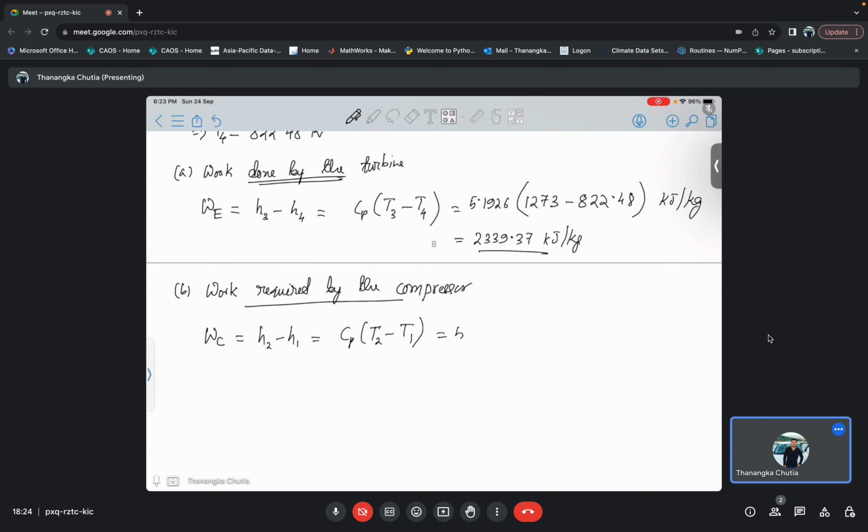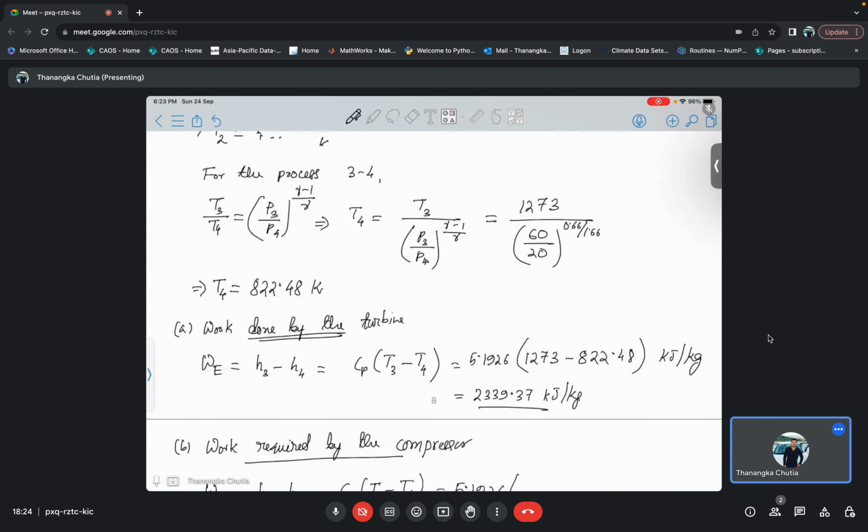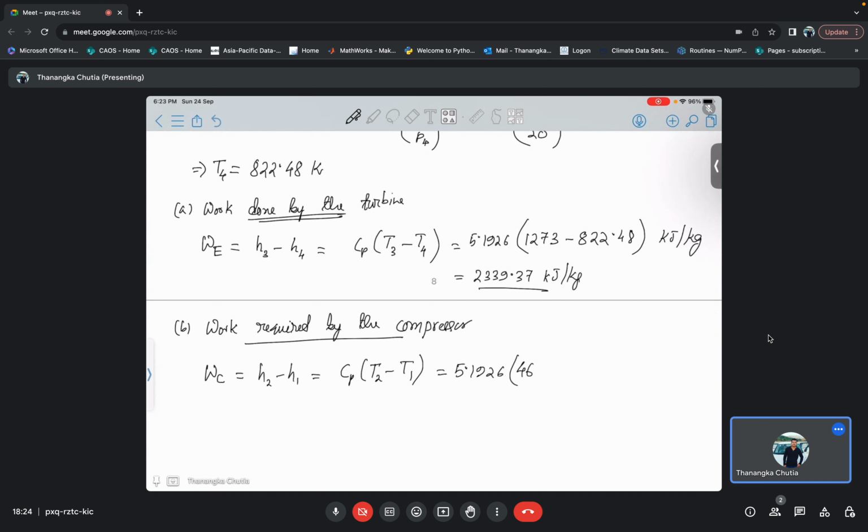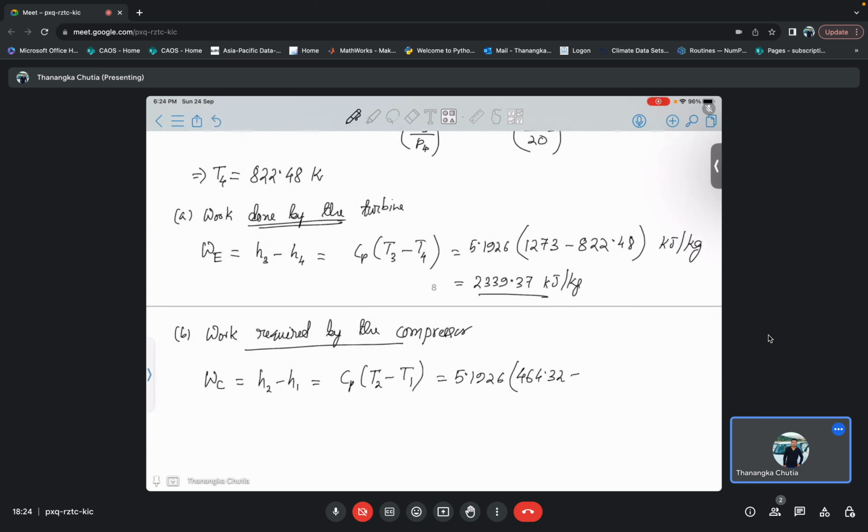Okay, 5.1926 into 464.32 minus 300 kilojoule per kg.